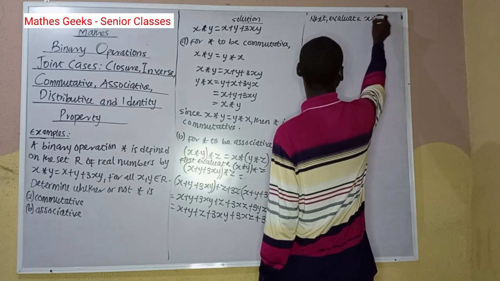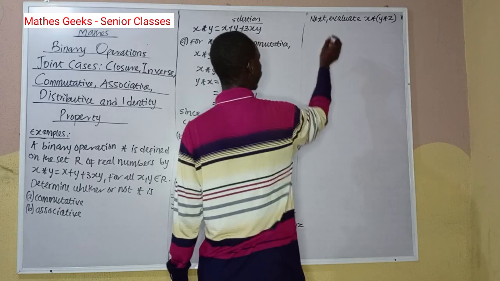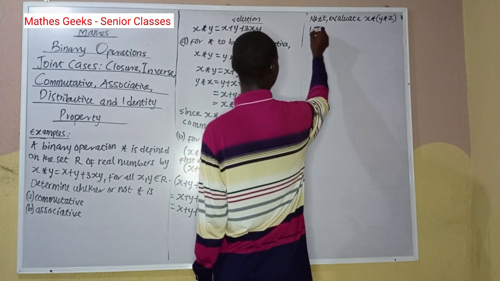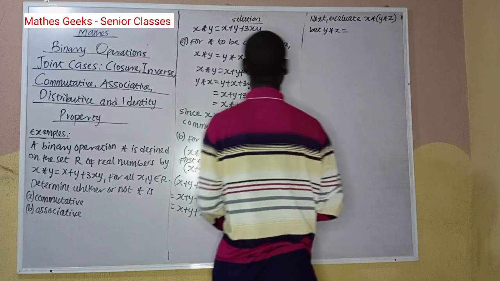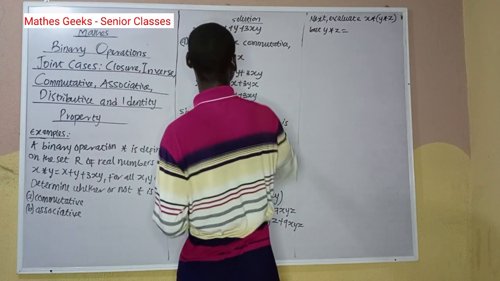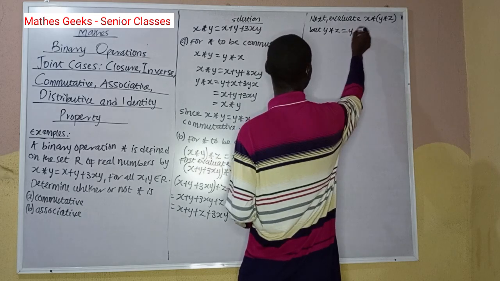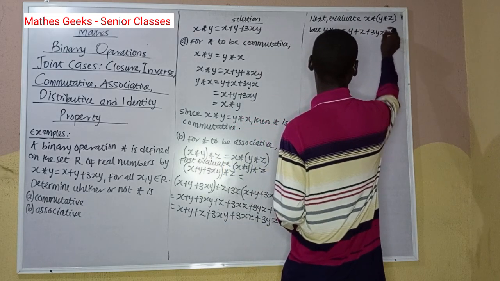Now y star z, when compared to the general equation, x is y and y is z. So this will give us y plus z plus 3yz.